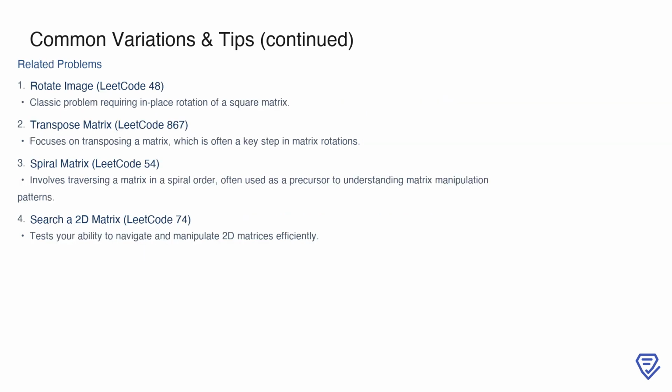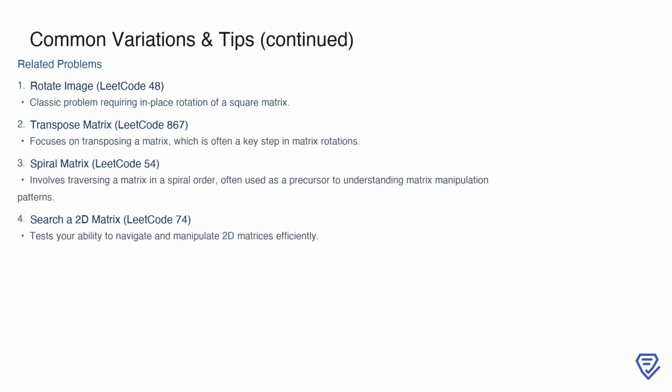Matrix rotation is a foundational concept that connects to several related problems. For instance, LeetCode 48, Rotate Image, is the classic question requiring an in-place rotation of a square matrix. Another important problem is LeetCode 867, Transpose Matrix, which focuses on transposing matrices, a key step often used in rotation algorithms.